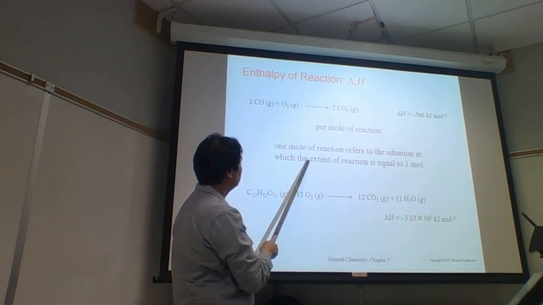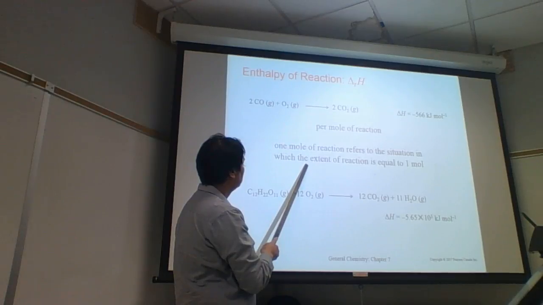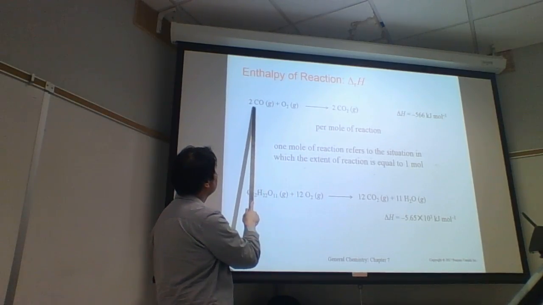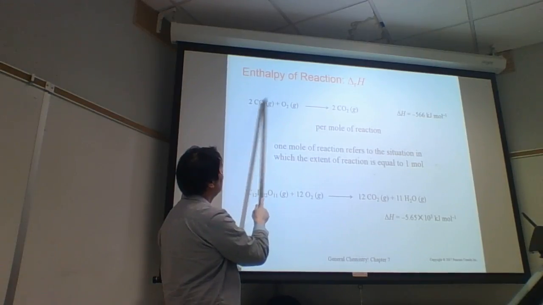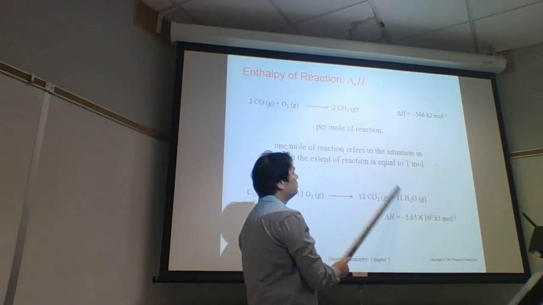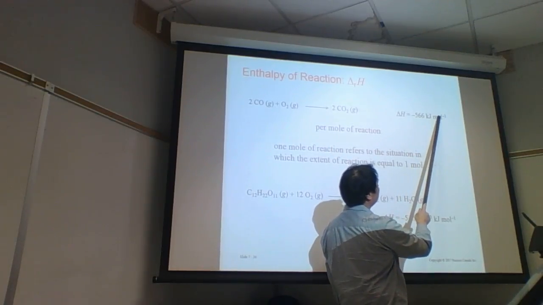This is odd, but this is the amount of energy that's going to be released per 2 moles of CO, per 1 mole of O2, and per 2 moles of CO2. And so normally we don't write this per mole stuff here.